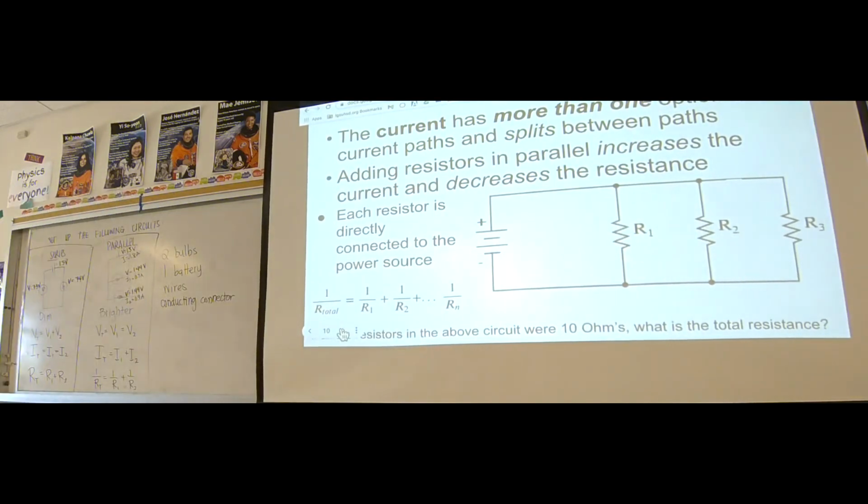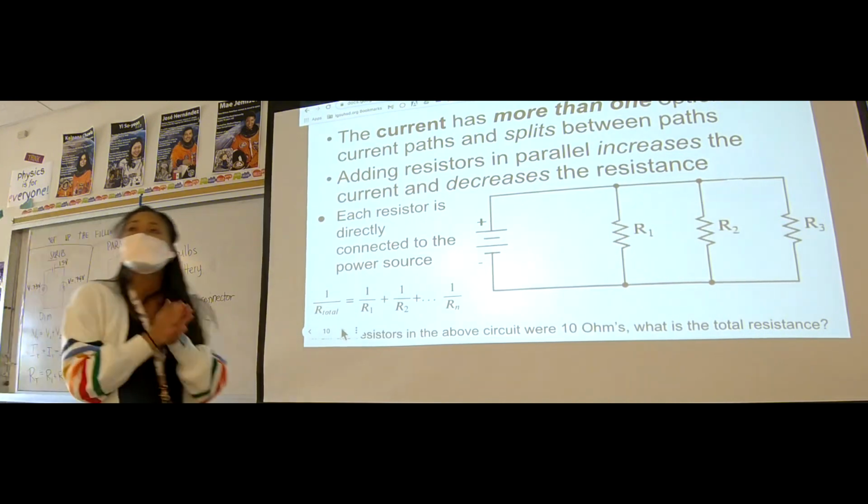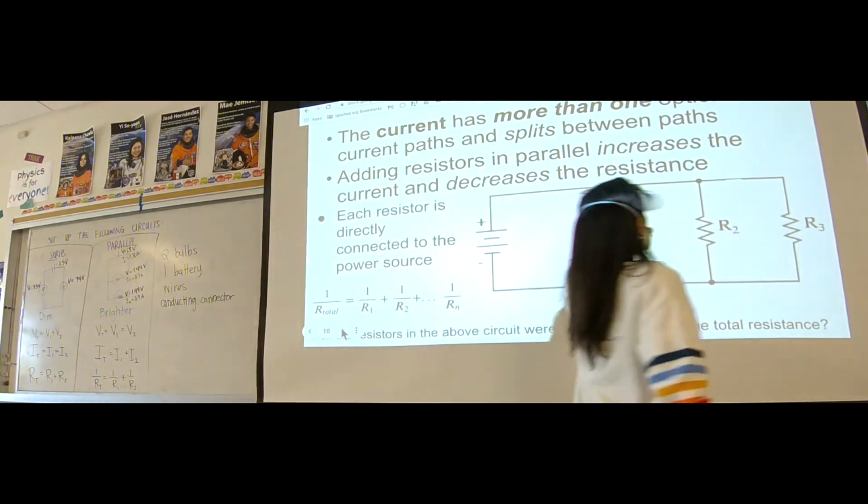So you can think about it like a river, or you can think about it like a set of pipes. If your pipe breaks off into two different streams, then the amount of water that flows through has to split as well. And that's how charges work when you have different wires in parallel.